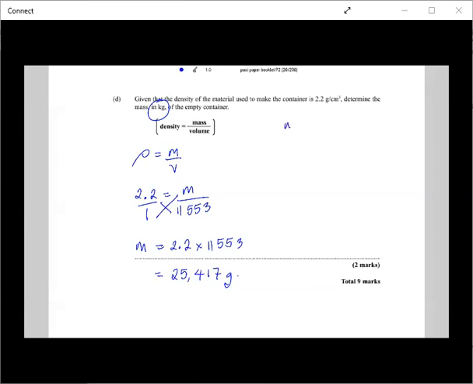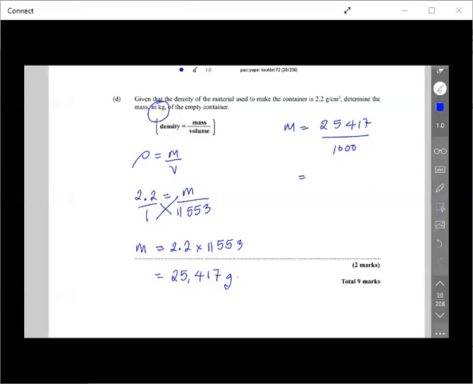Therefore, the mass would be equal to 25,417 divided by 1,000. The answer is approximately 25.4 kilograms.